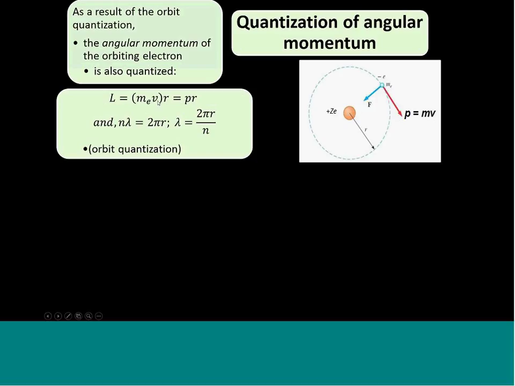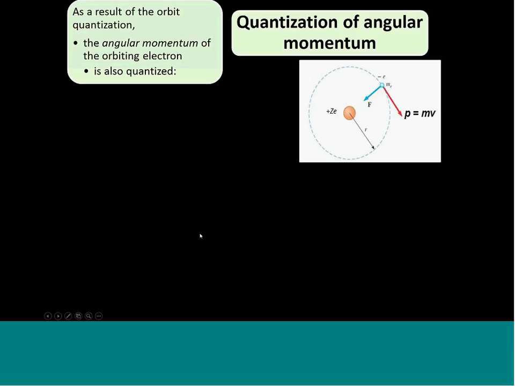So mv ni equal to dengan p, ataupun momentum. So the L also equal to pr. Kita ada juga n lambda equal to 2 pi r. Or kalau terbalikkan, kita nak dapatkan lambda saja. So lambda equal to 2 pi r per dengan n.